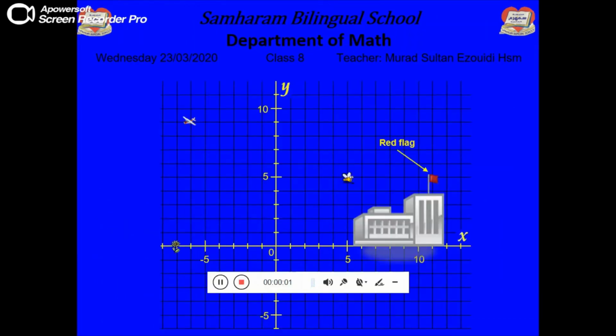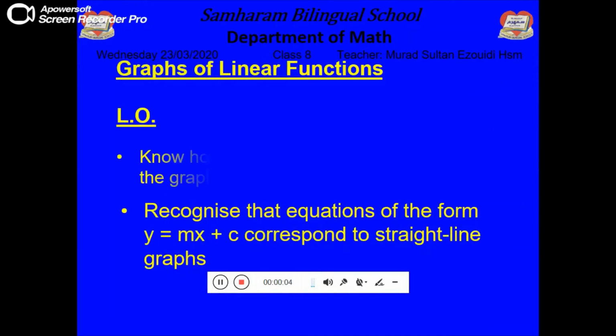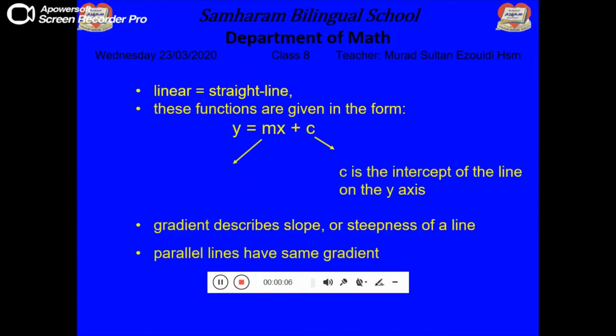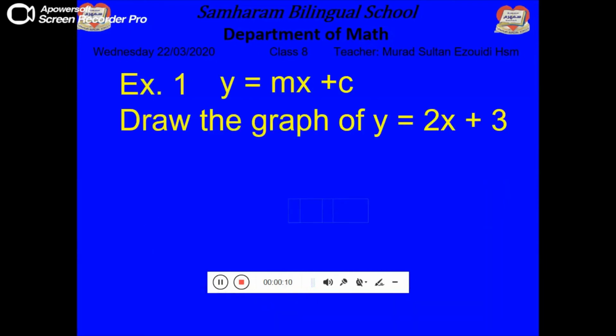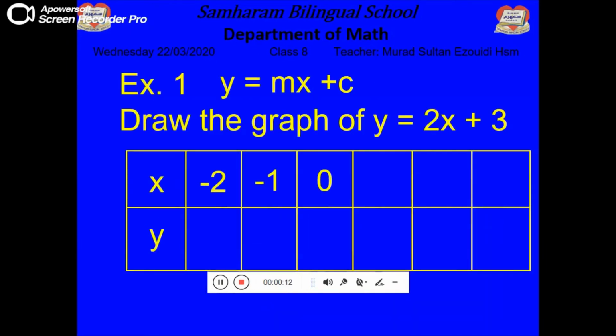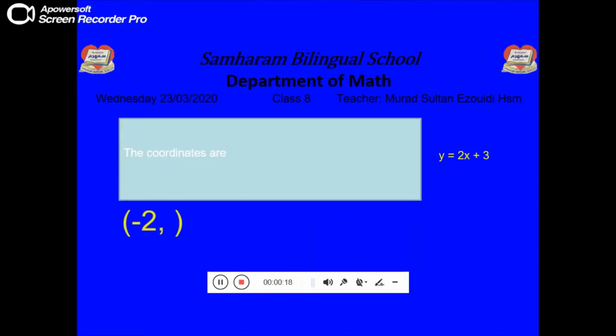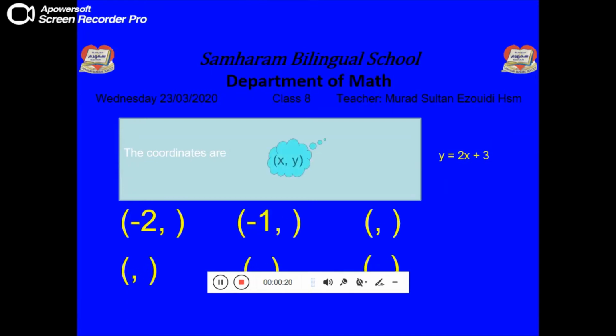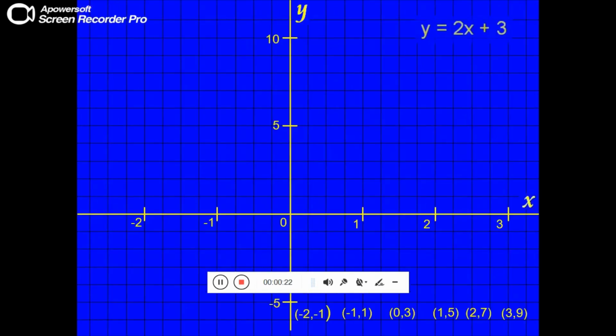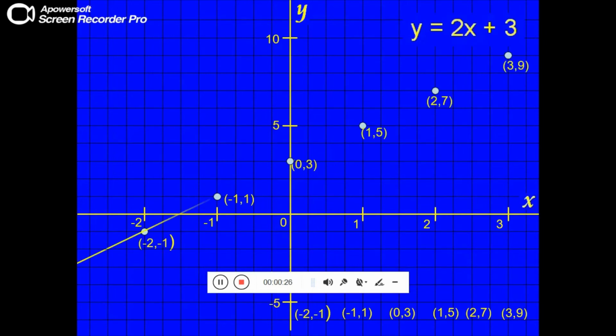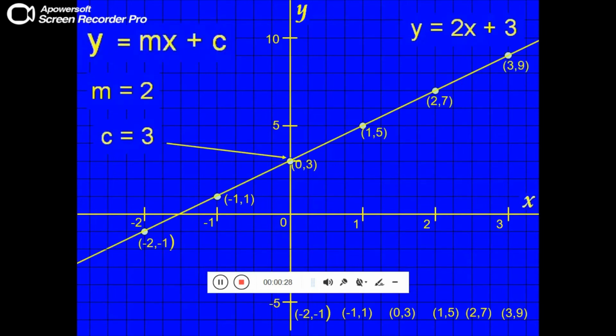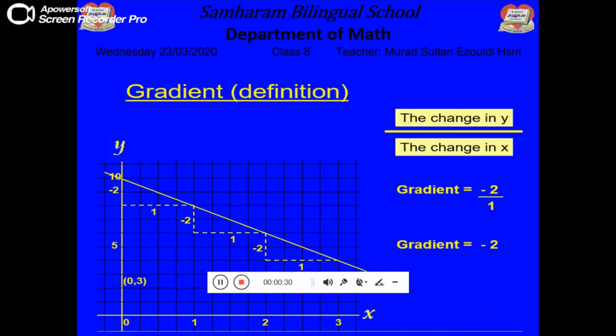So here, my kids, we'll try to draw the graph of a linear equation where the gradient is negative. An equation of the form y equals mx plus c, where m is negative, so the graph goes downwards.